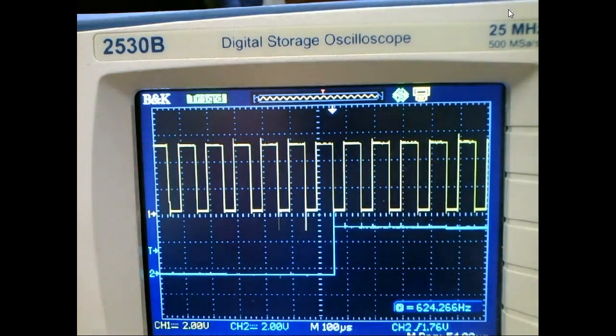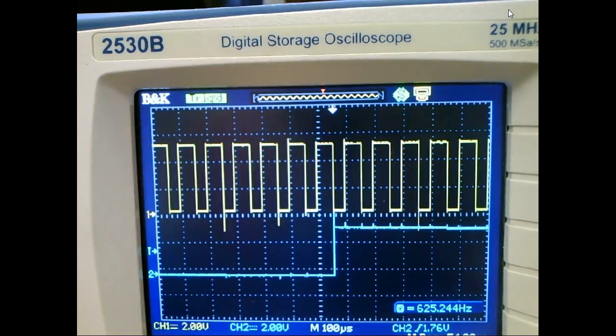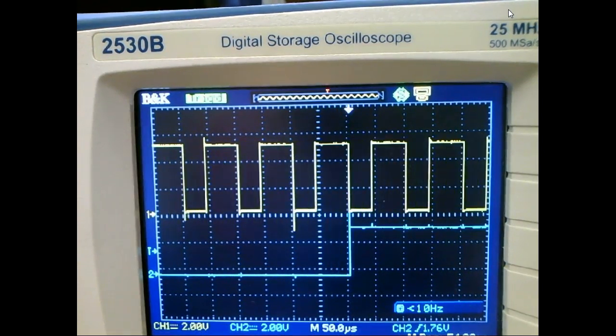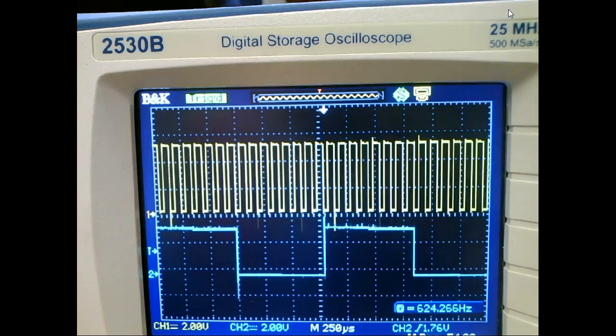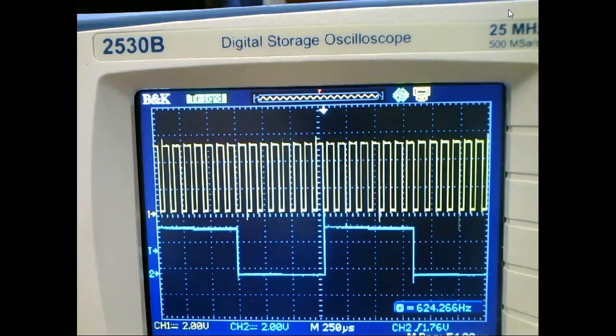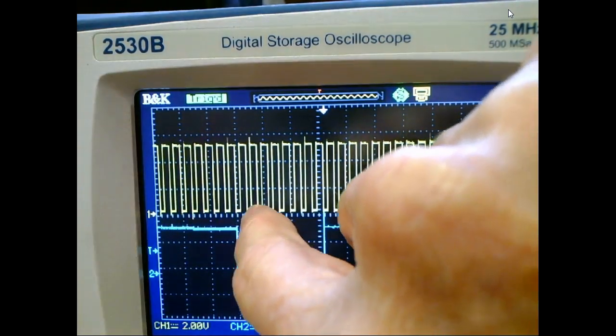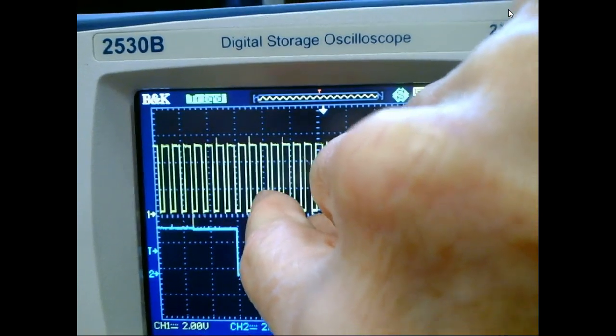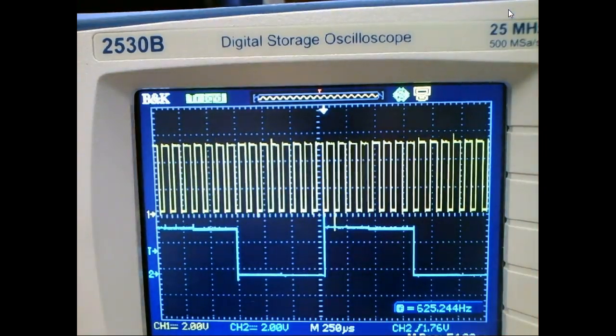Yeah, so I'm going to slow it down one. So here's one cycle. 1, 2. Let me get something where I can point to a little sharper.